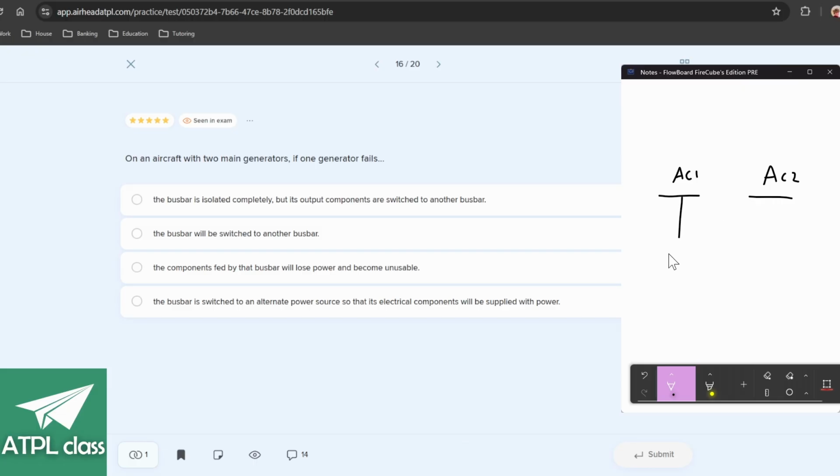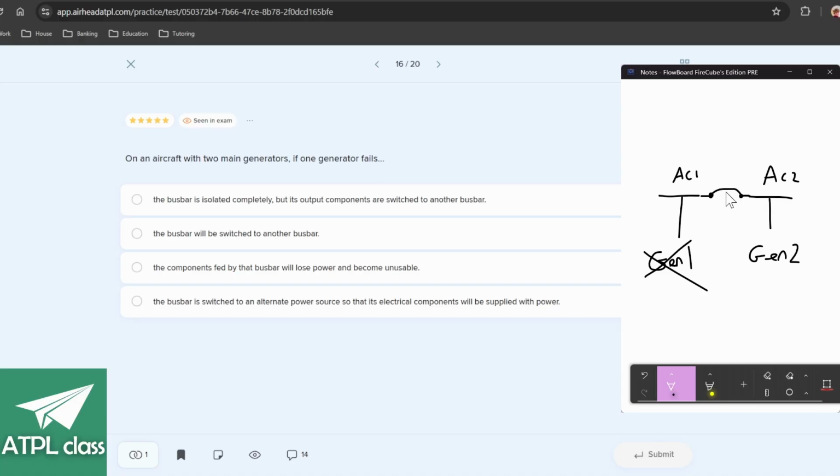Generally, they're powered by AC generator 1 and generator 2. If one fails, you have a connection here, called a bus tie breaker, that will automatically link up so that AC bus 1 is powered from generator 2 as well as AC bus 2.